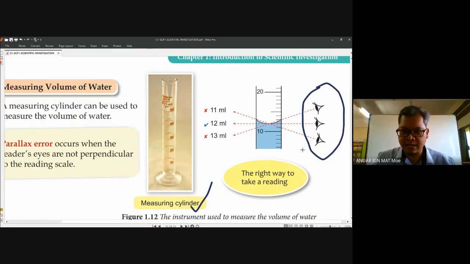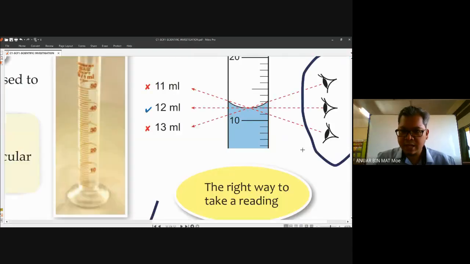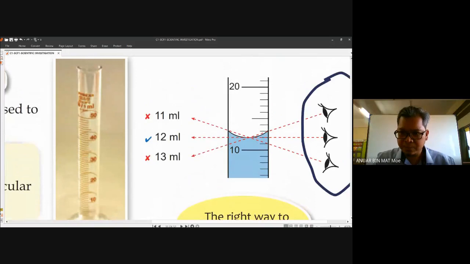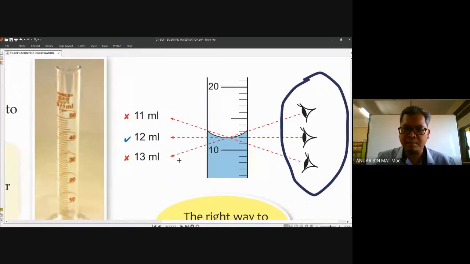It is not 11 milliliter, it is not 13 milliliter. If you watch carefully, the actual measurement is 12 milliliter. You must watch it here at the center of the water, not here.